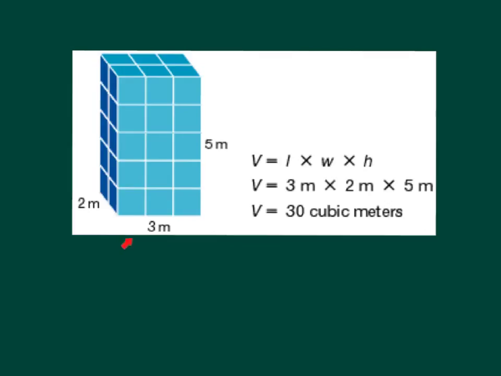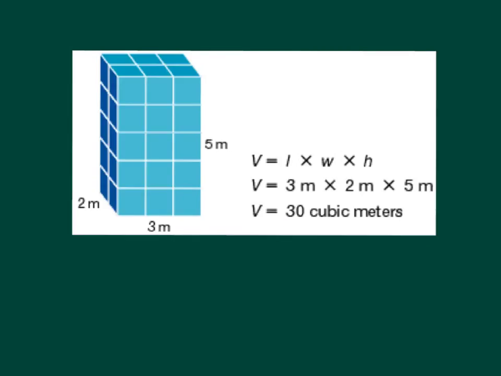So if I say the length is 3 meters, the width is 2 meters, and I measure the height as 5 meters, I will multiply these three terms, length, width, and height, to find out the volume of this cube.